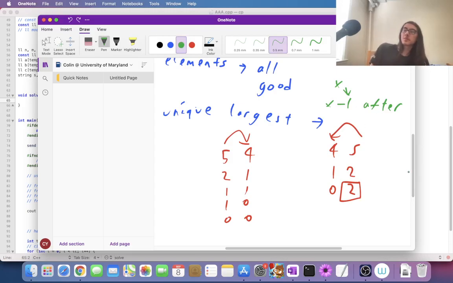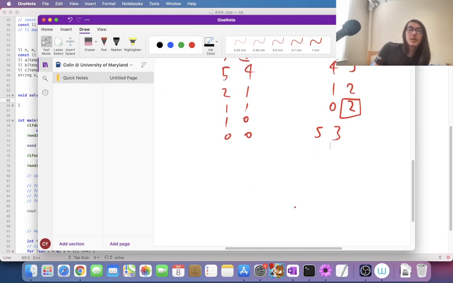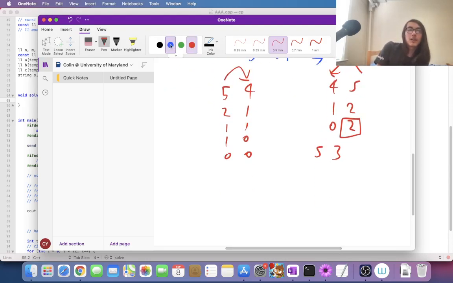If every x minus 1 is before, then it just doesn't work. Another case is when we don't have any x minus 1 at all. Like suppose our array is just 5, 3. Then automatically we lose. So if we don't have any x minus 1, then it doesn't work. So really now, within all of the possible orderings of all of the numbers, we're sort of isolating just the instances of x minus 1 and x.